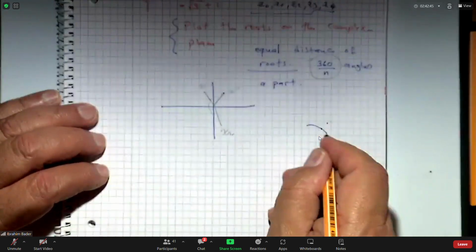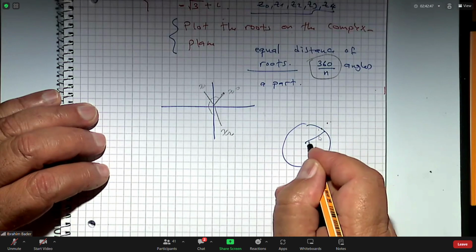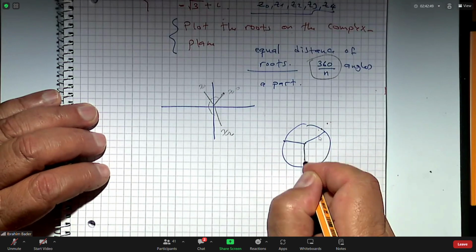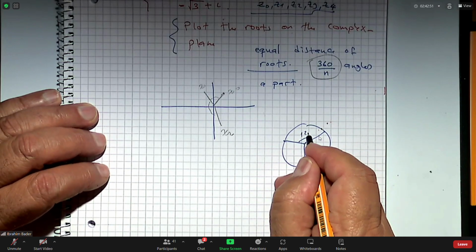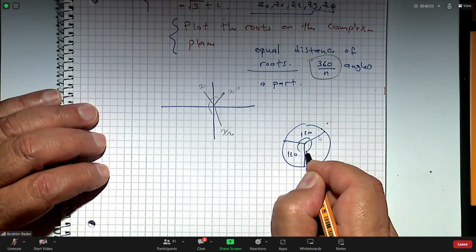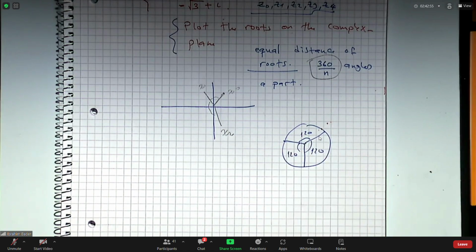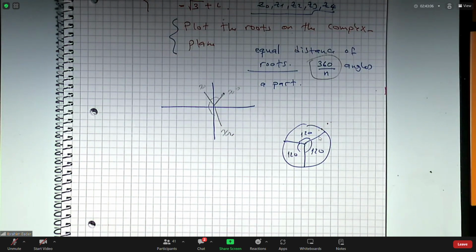Okay, so for the 3 roots here you have 120, 120, 120. So what I'm saying, even if you have n roots, you can have 360 roots, then each one is 1 degree away from the other. Even in physics, it can go in the micro, whatever, it will be evenly distributed.